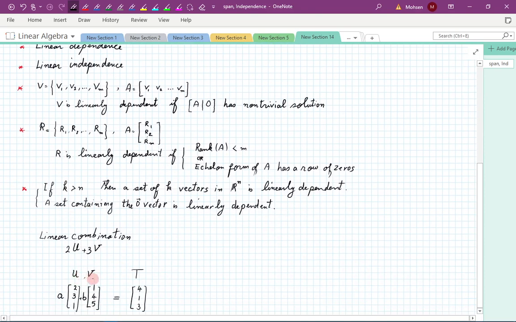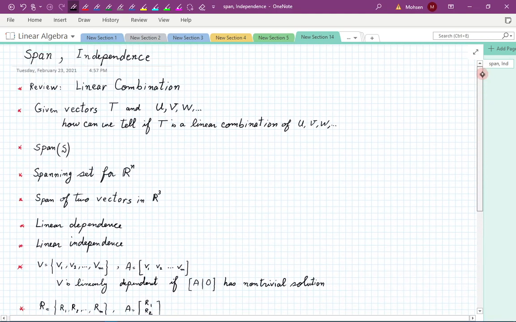So what are the issues that we see here? We have some building blocks. Sometimes we allow ourselves to have many copies of them, and out of adding them we want to create something. Sometimes we want to know what are all the things we can create. That is the idea of a span.